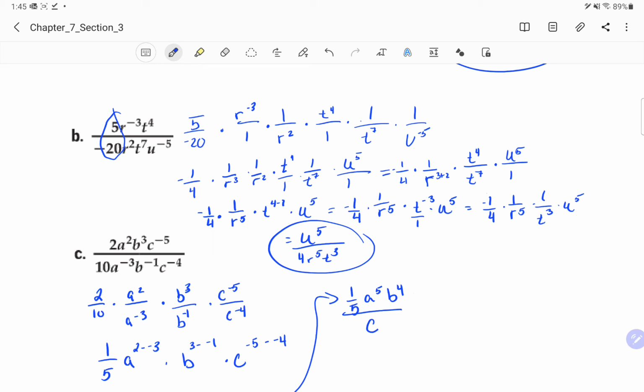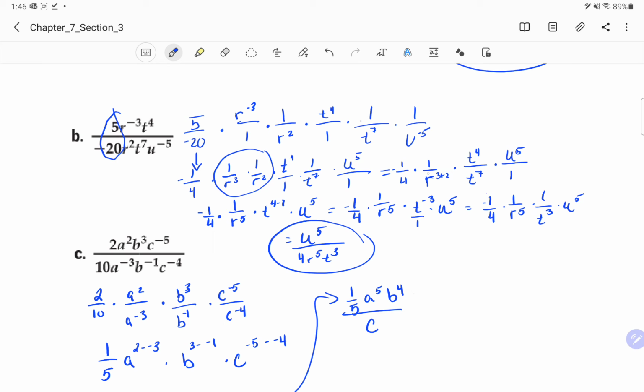And then from there, what I did is I went through and I moved everything to the top or the bottom to make all my exponents positive, okay? And I simplified 5 over negative 20 down to negative 1/4, all right? Then I, from there, got my like bases together. So I had those two of the like base, which on the bottom we have a base r times r raised to an exponent.